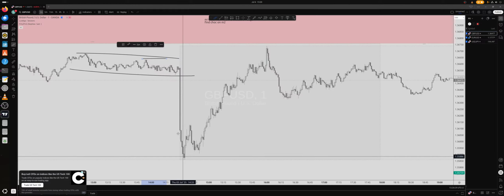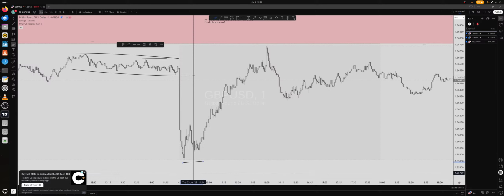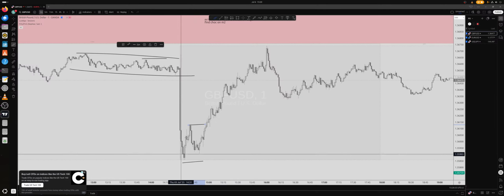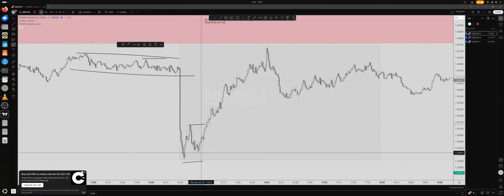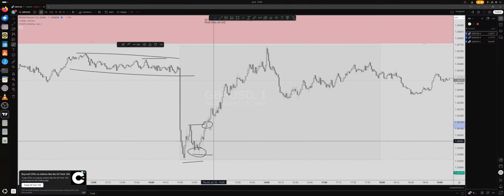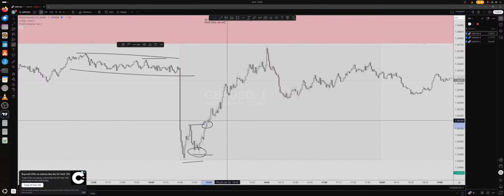But after the number comes out, boom, we reach this level here. We come back up higher, and we then go down and small intra, boom, boom, down here, and we defeat this. And after this point, it just starts flowing so nice.